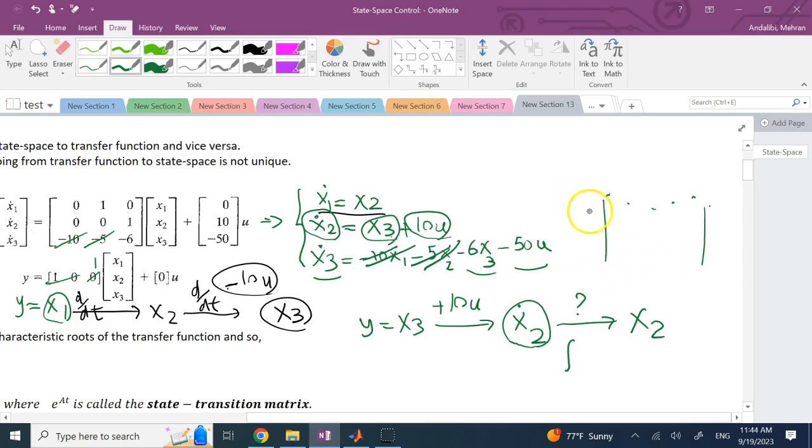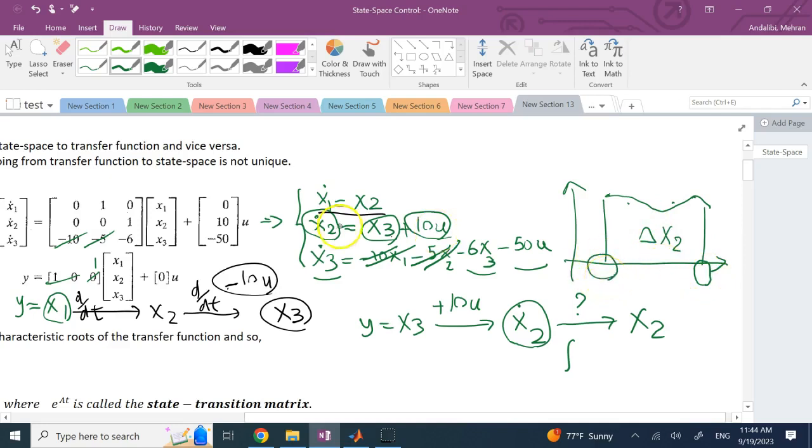So when I look at this area under the curve, that is the change in x2. And if I don't know the x2 at the end, I cannot subtract this to get the x2 at the beginning.